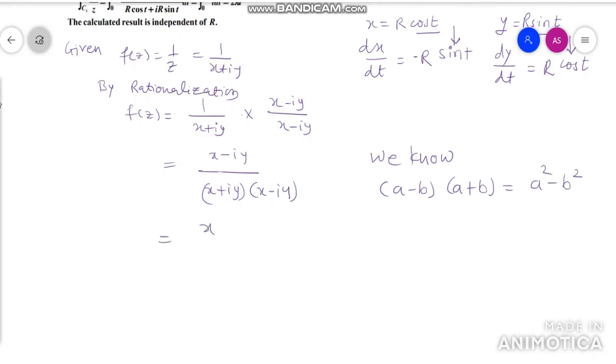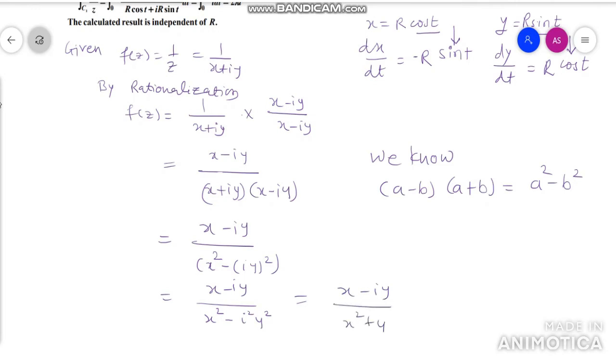Therefore this can be written as x minus iy divided by x square minus i square y square, and that is nothing but x minus iy divided by x square plus y square, since i square is equal to minus 1.